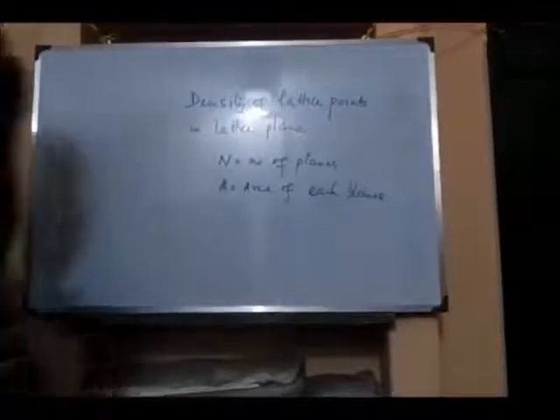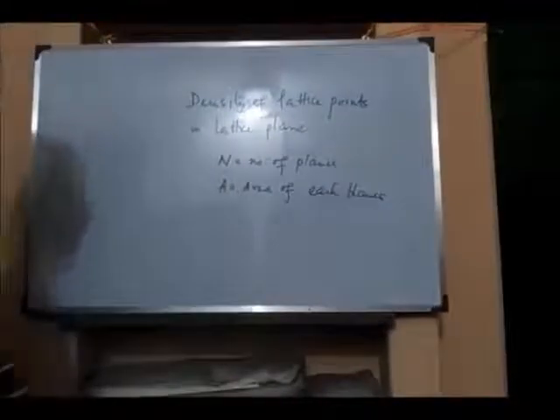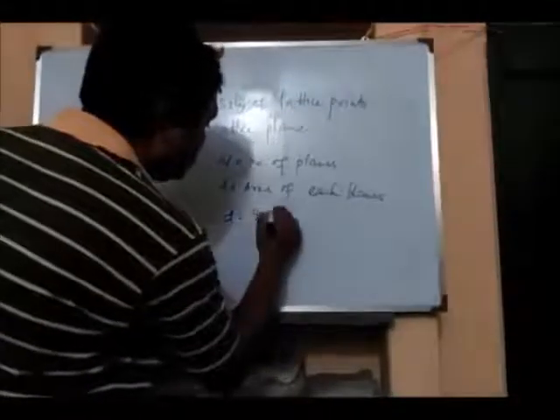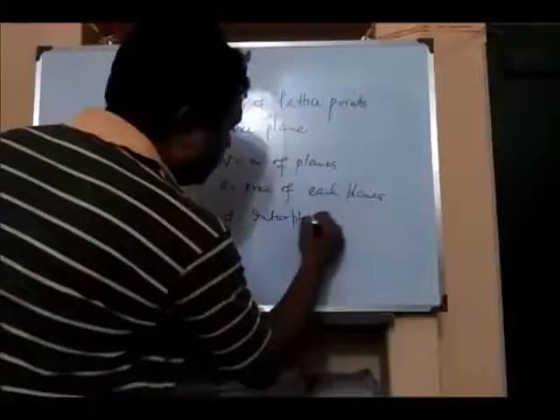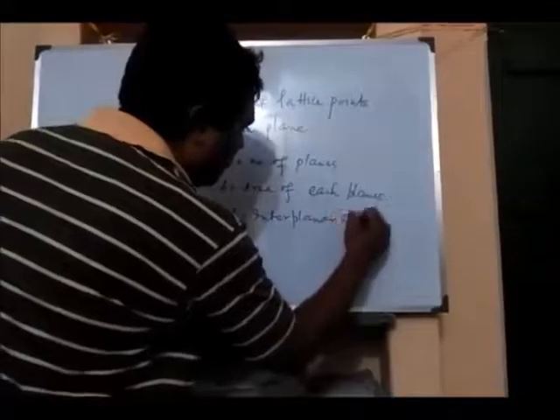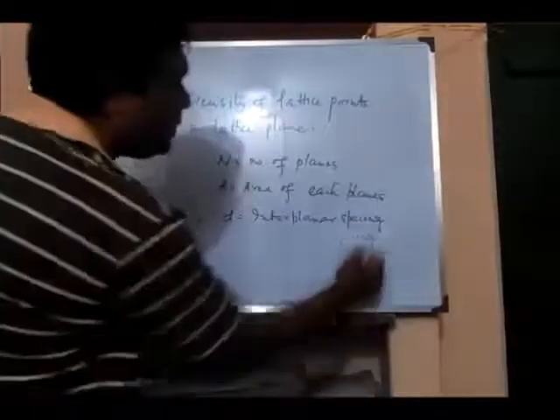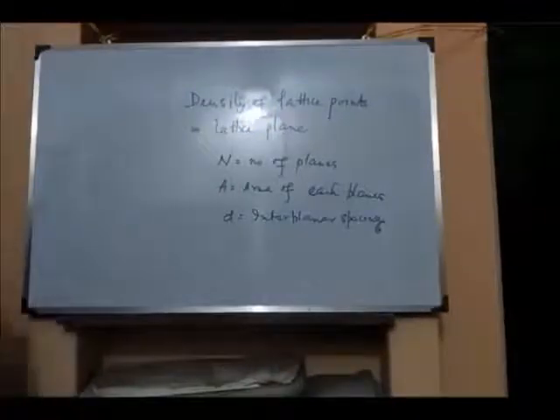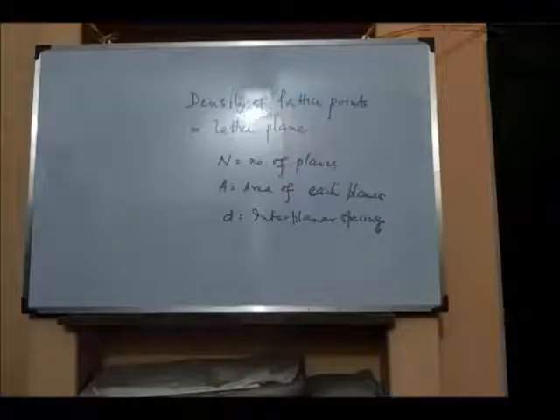Each plane has A amount of area, and D is the interplanar spacing.